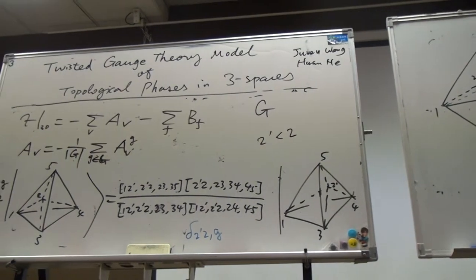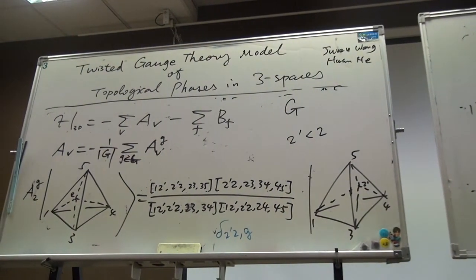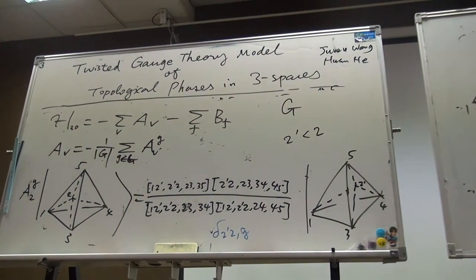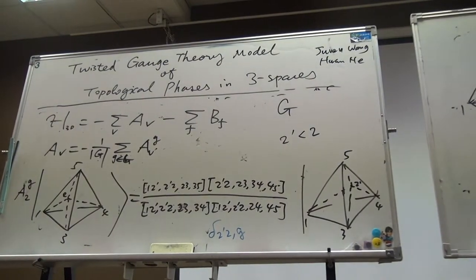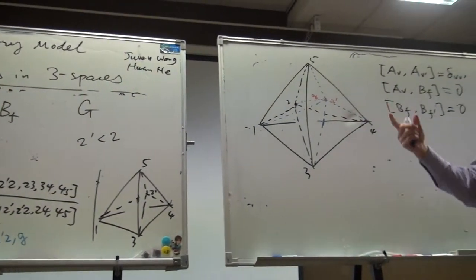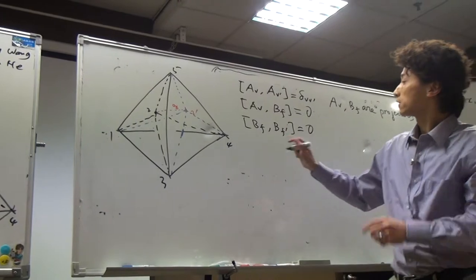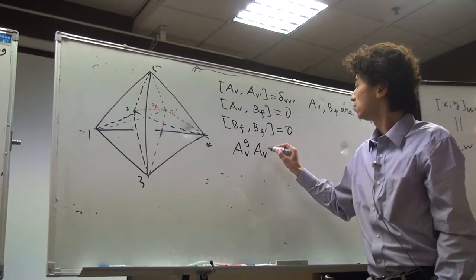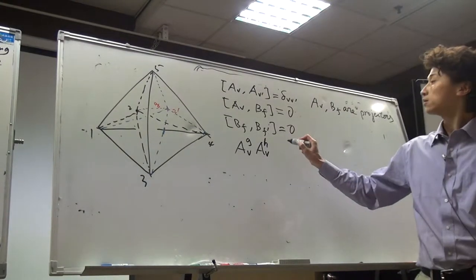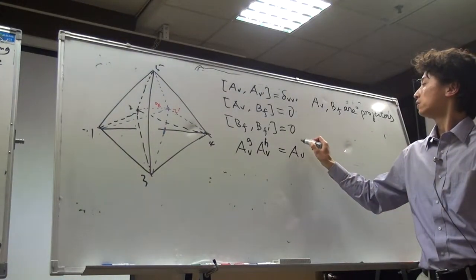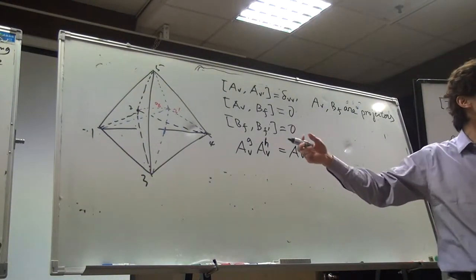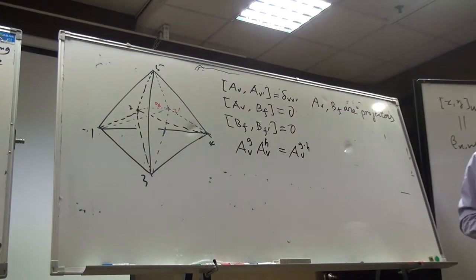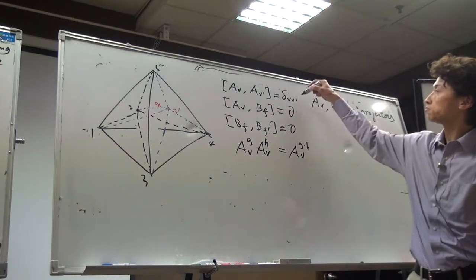Can you explain the meaning of the first equation? Why is there a delta V? Oh, when V and V prime are the same vertex, then there will be a product rule: AVG, AVH. This is actually AVGH. So there's a product rule here. Maybe I should add it here.